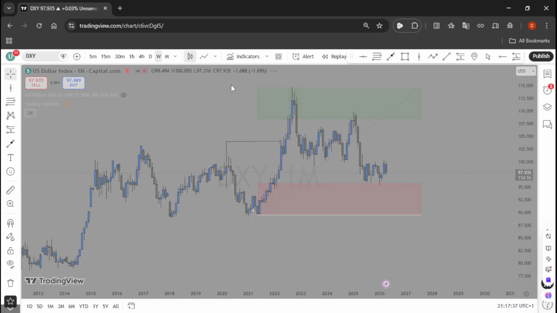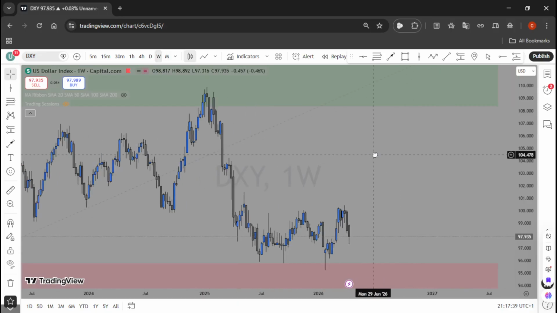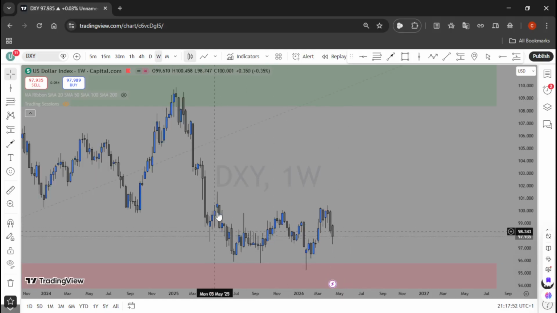Now let's look at the weekly time frame and see what it gives to us. You see, we have beautiful rejections, 1, 2, and 3, with price failing to close below any of this. And we have this, price pulled up, we have this and this, price never closed below it.